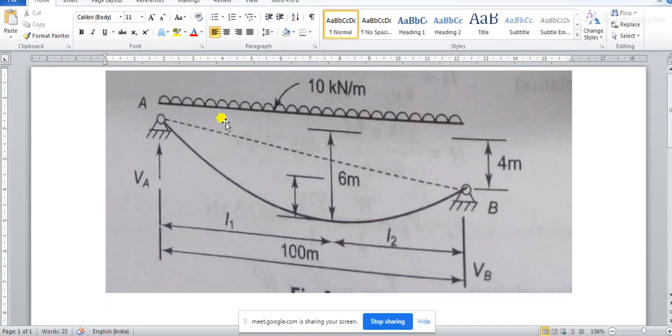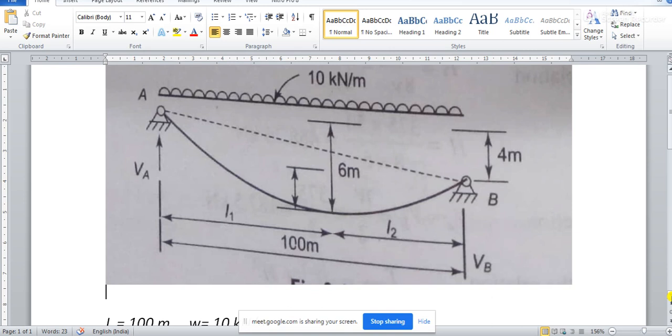And from the top support, that is the higher support, to the lowermost portion of the cable is 6 meter. So yc plus d is the lowermost to the uppermost support, so that is 6 meter. That is very easy.